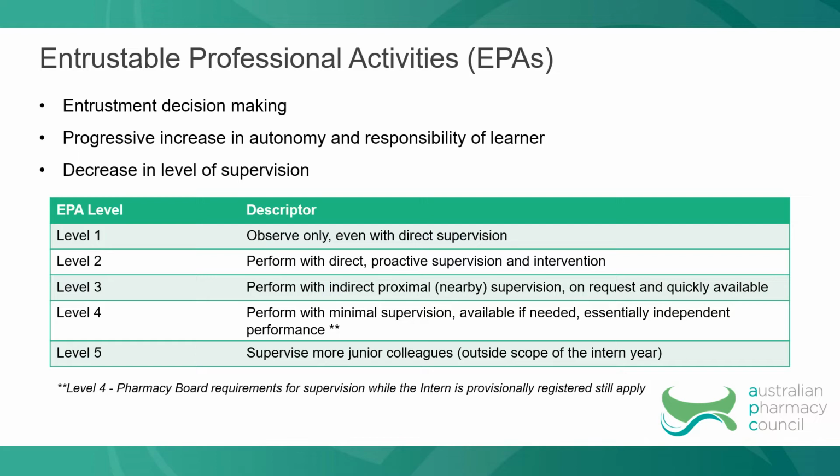As a general guide, it would be expected that for the performance outcomes being assessed, most interns would be level 2 or level 3 on entry to their intern year, with the view to progress to level 4 by the end of their intern year, noting that some individuals may be entrusted earlier.